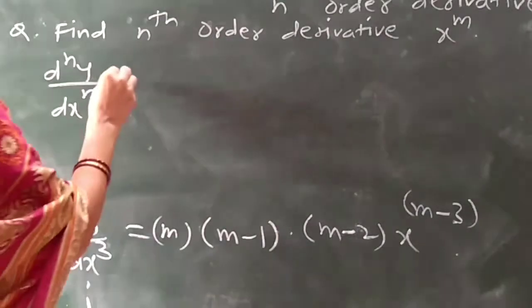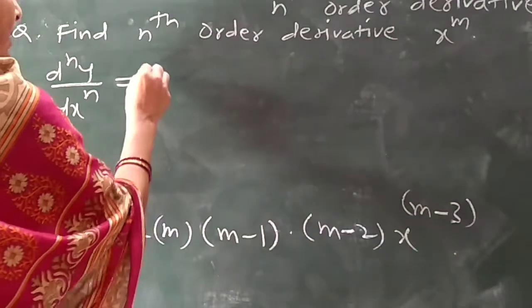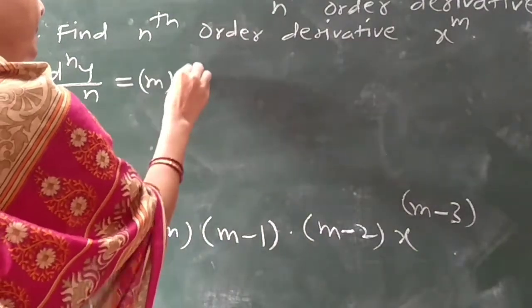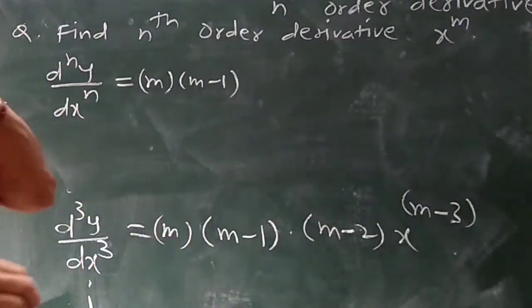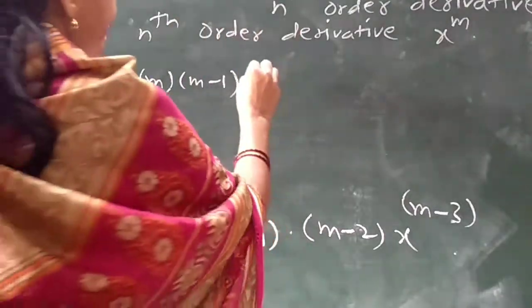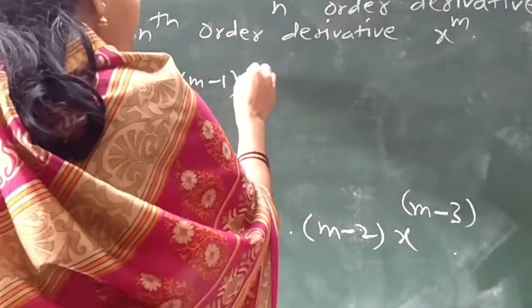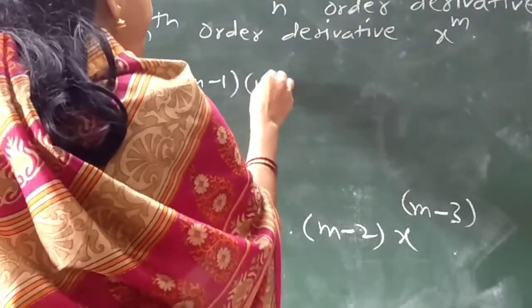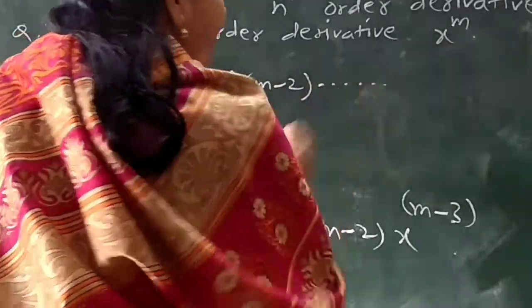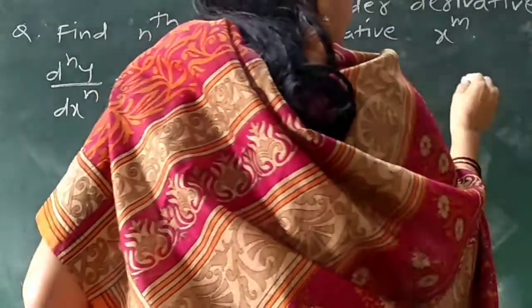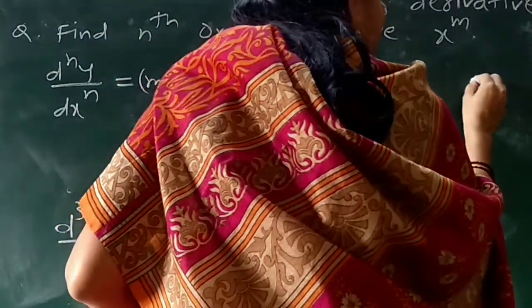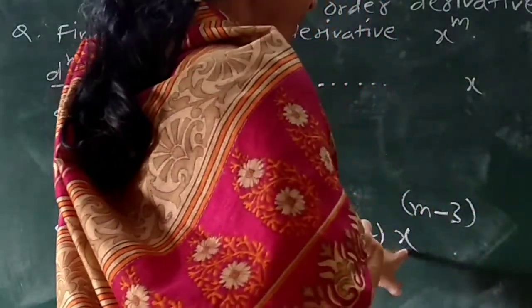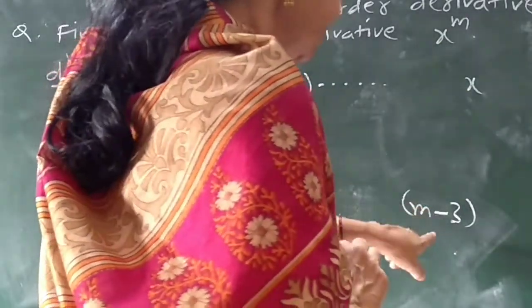How does it come? m minus 1, m minus 2, in this way. What is the nth term? See, the nth term has x raised to m minus n.